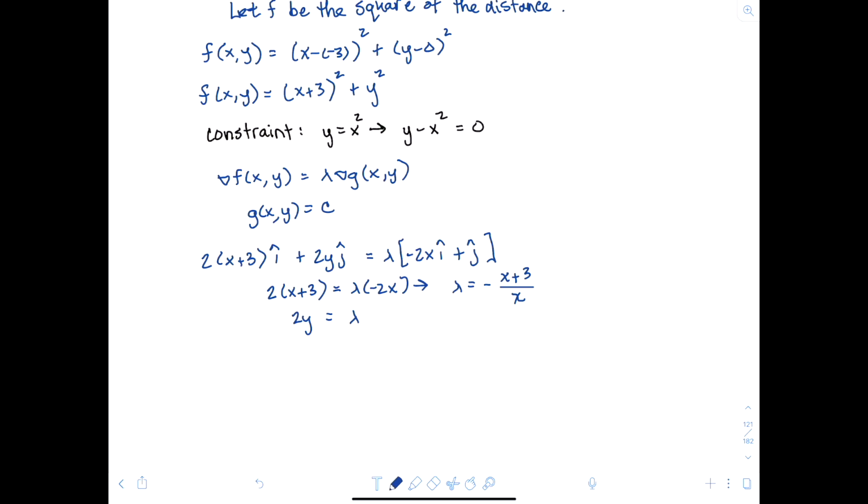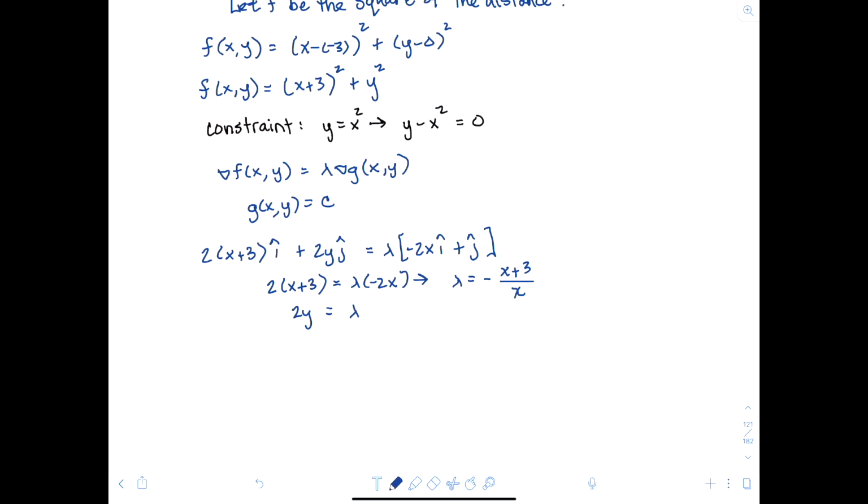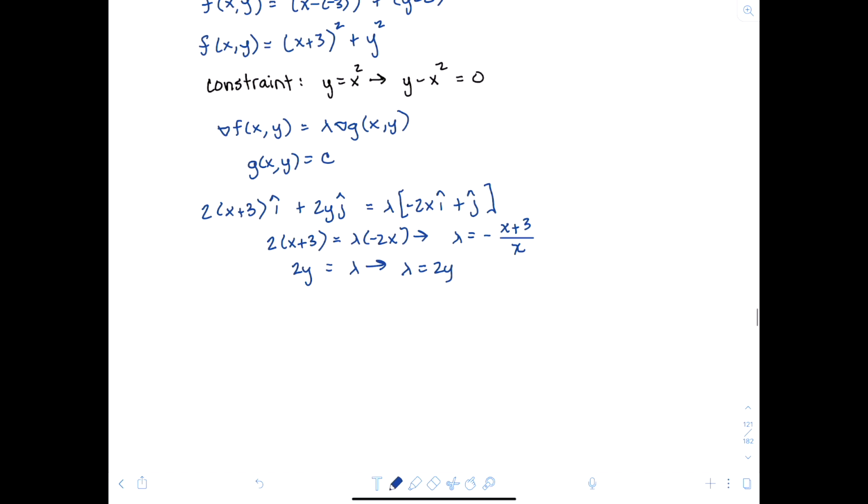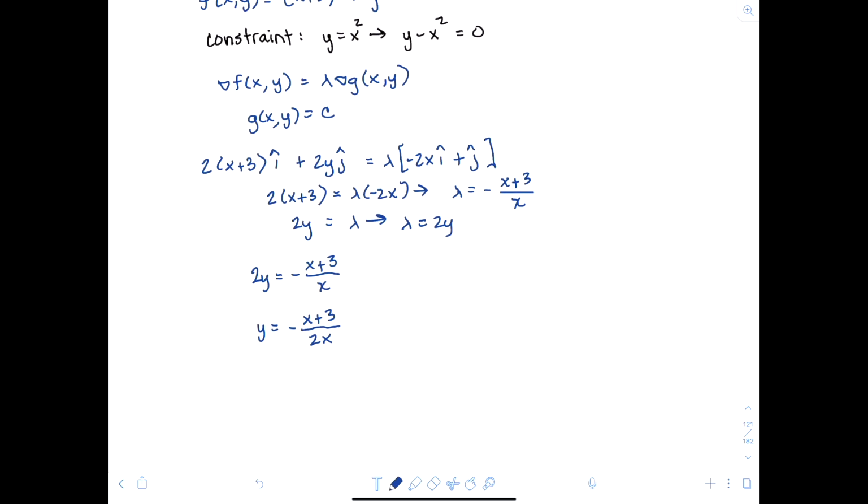This is going to exclude the solution of x equal to 0. Do you see that? And this one is already isolated. Lambda is 2y. So equating those, we have 2y equal to negative x plus 3 over x. Isolating y, we get negative x plus 3 over 2x. Good so far? Awesome.